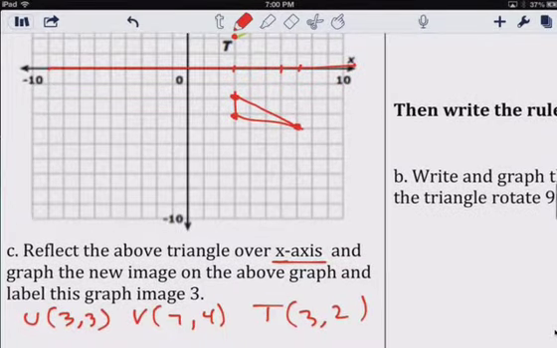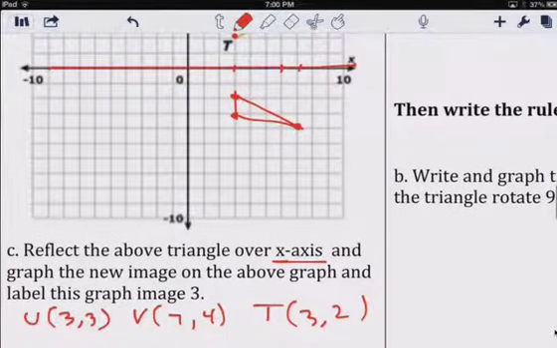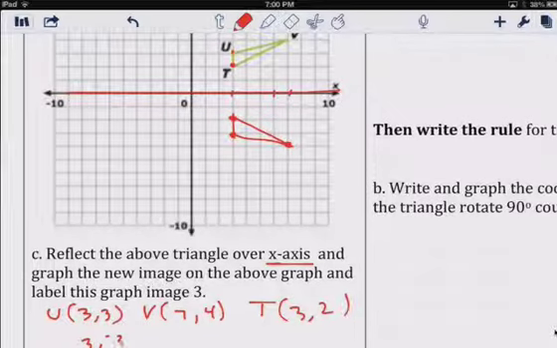Okay, and the new image is 3, negative 3 for U. V becomes right here, which is 7, stays the same, and negative 4.